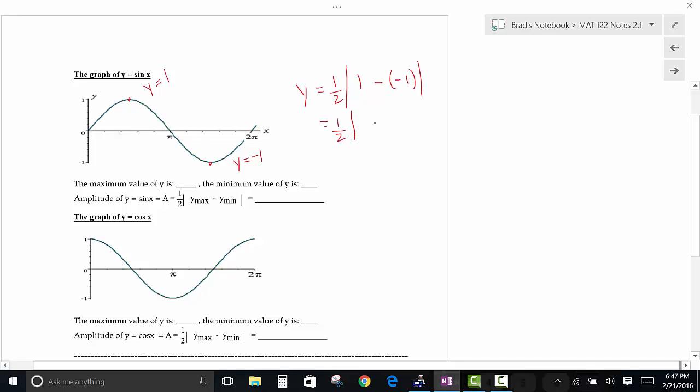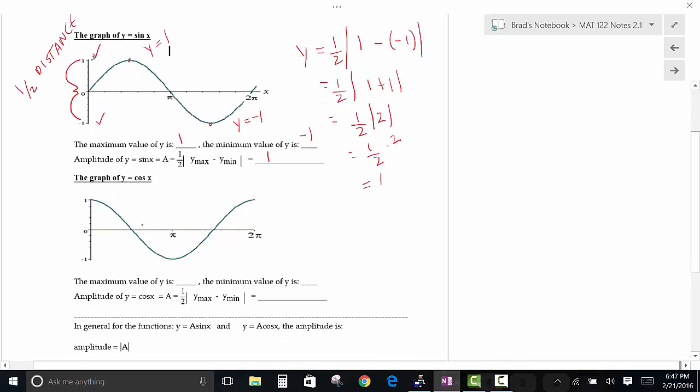That gives 1/2 times 1 plus 1, which is 1/2 times 2, which is equal to 1. So the maximum value is 1, the minimum is -1, and the amplitude is 1. What you're doing with amplitude is looking at half the distance between the crests of the waves. That's easy to do in your head: the distance between -1 and 1 is 2, but half of that distance is 1.